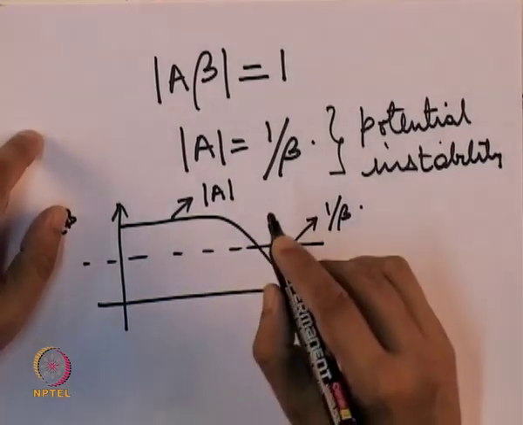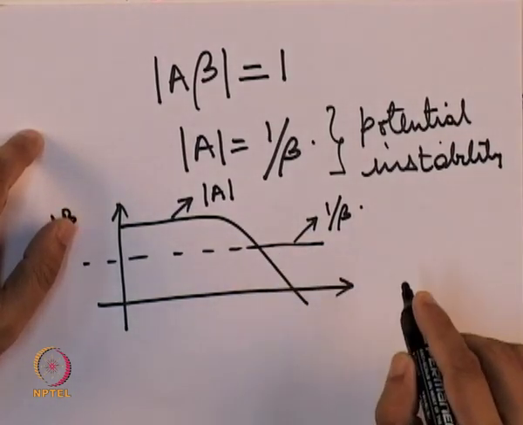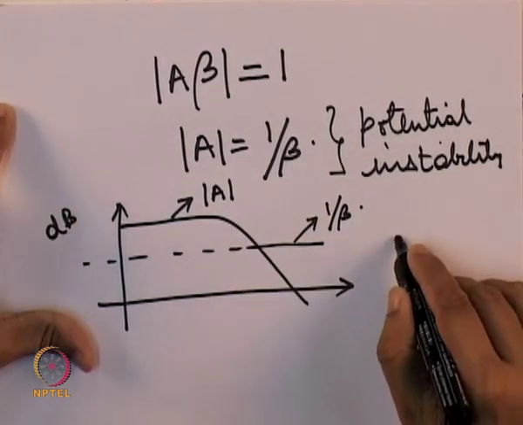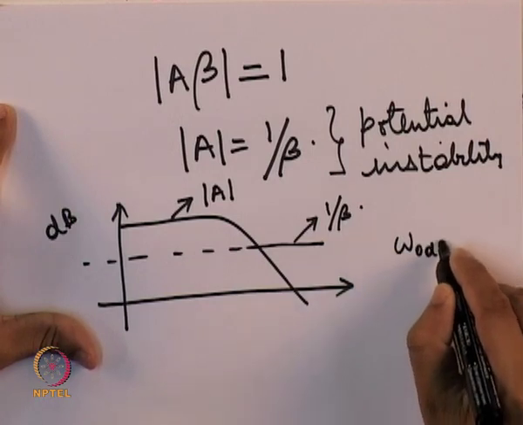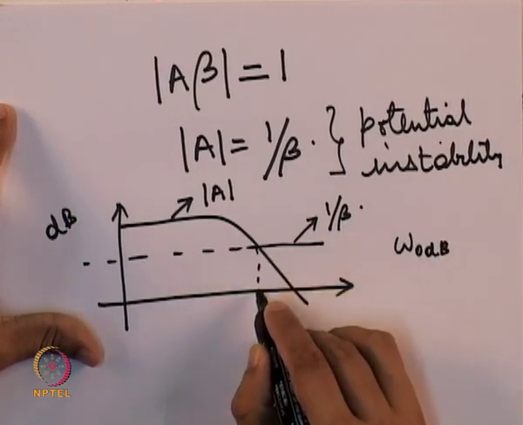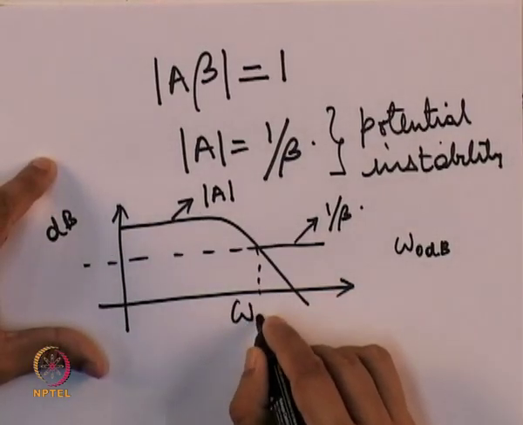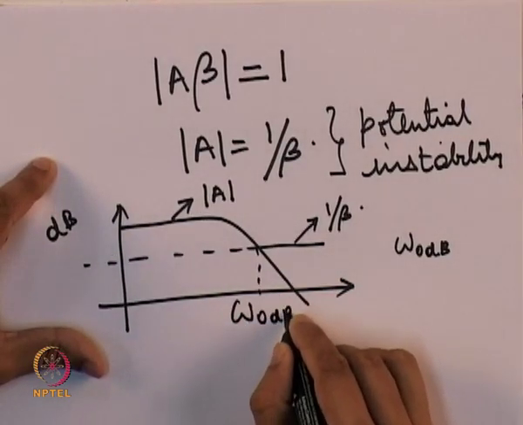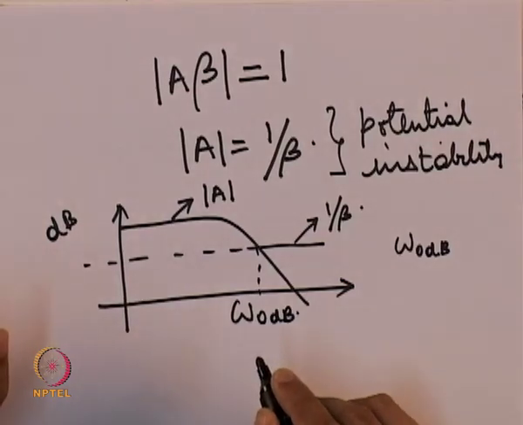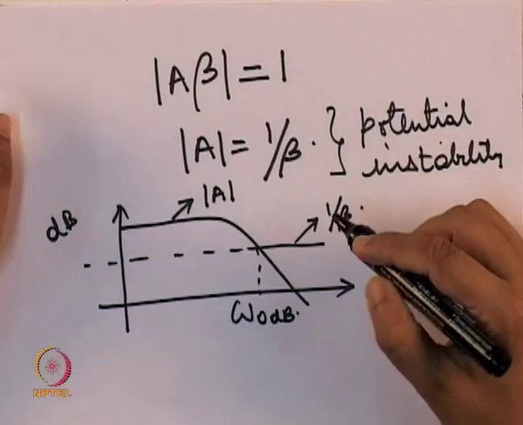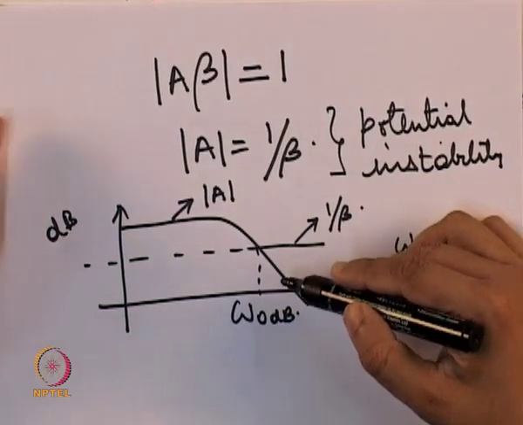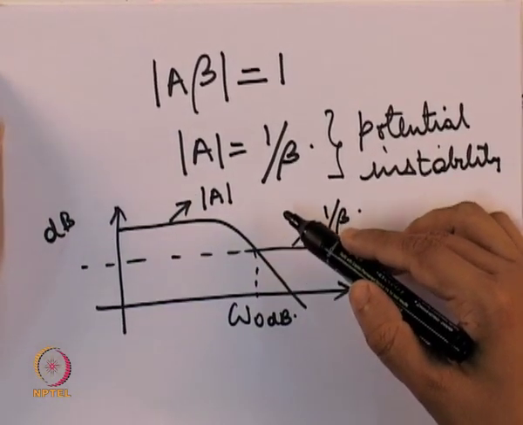Then can I represent my omega 0 dB point as that frequency where these two intersect? So this is my omega 0 dB. Okay. So this kind of representation now gives us an easy way of analyzing various systems.